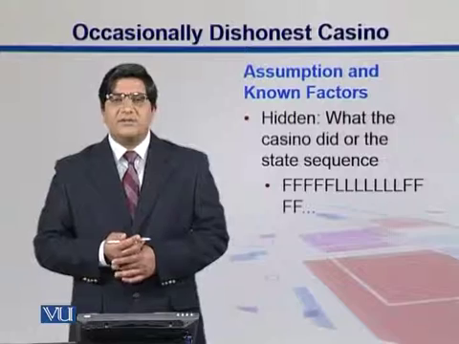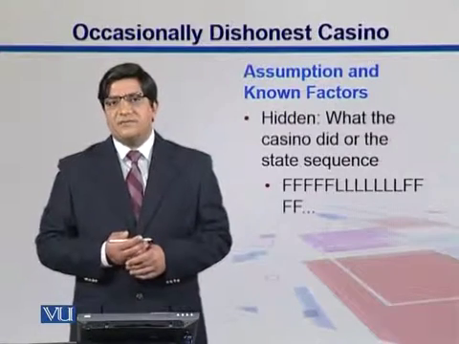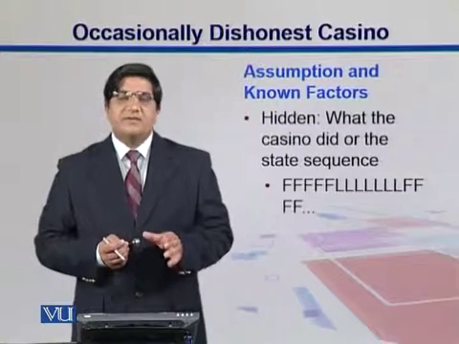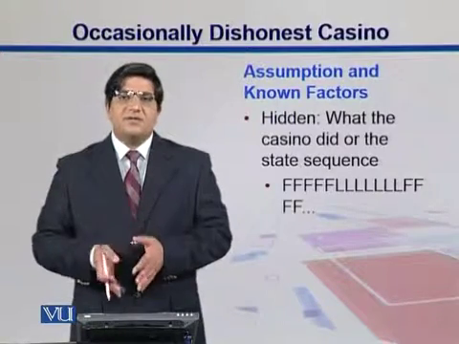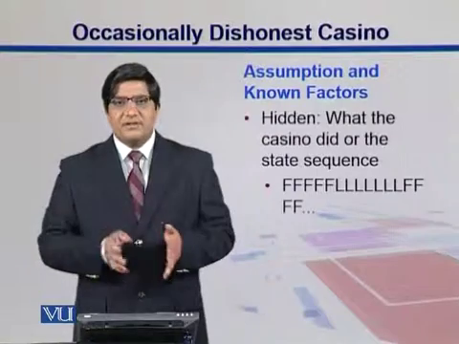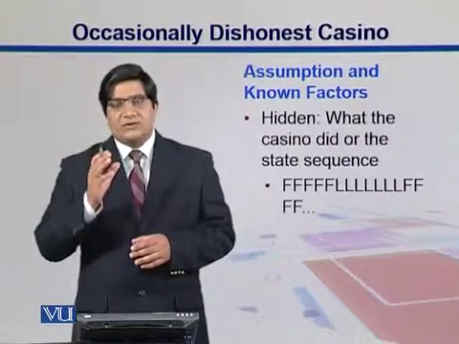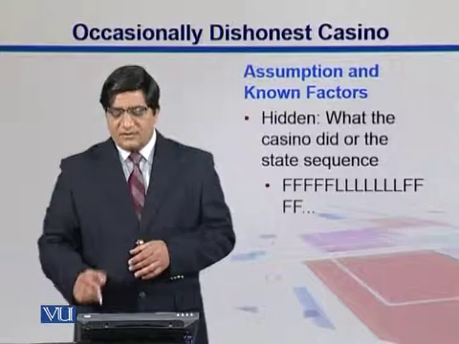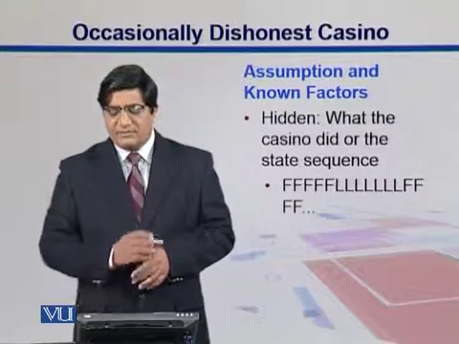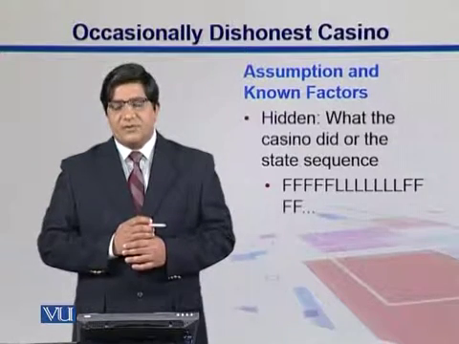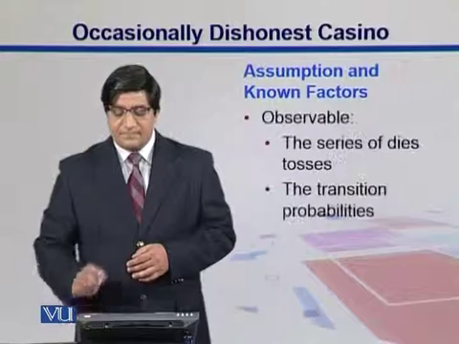What we are actually seeing is the emission of symbols. We are not seeing the loaded die or the fair die, since they have the same structure and the same colors. You cannot judge them. What you are looking at is the outcomes which are coming. So in this case, this whole thing is hidden. The sequence of how many fair trials and how many loaded trials there are is hidden.